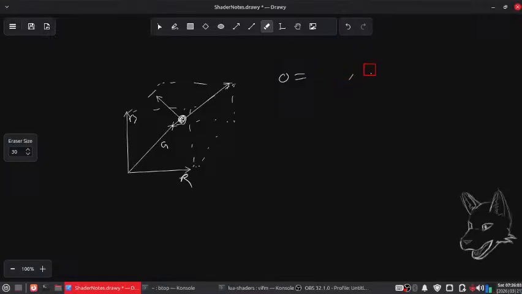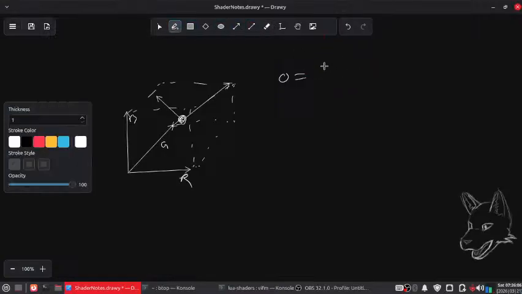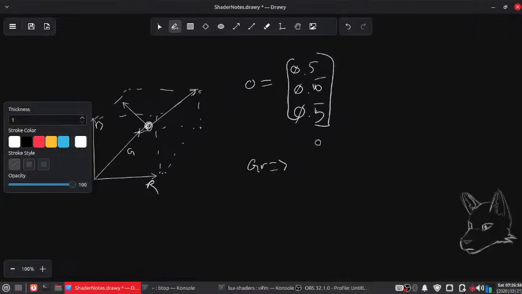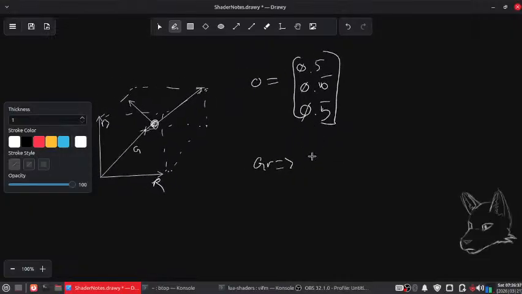Let's do this properly, shall we? That's the origin. The gray in the old space is equal to 1, 1, 1.